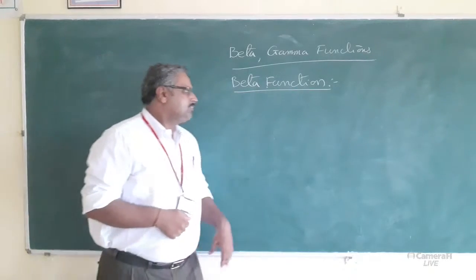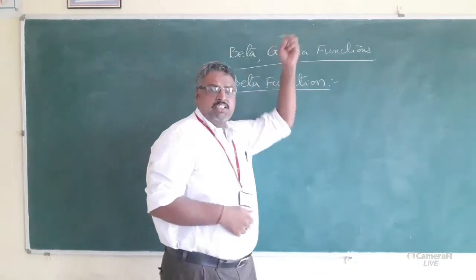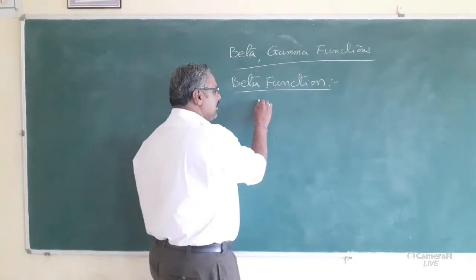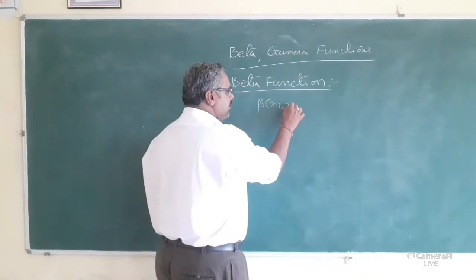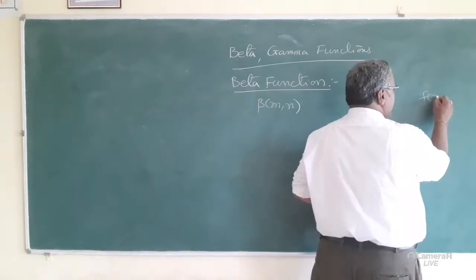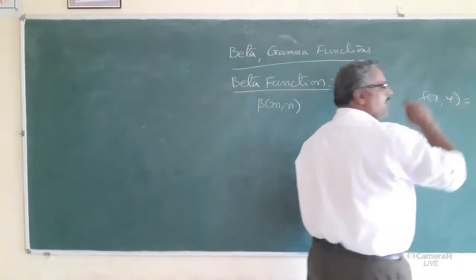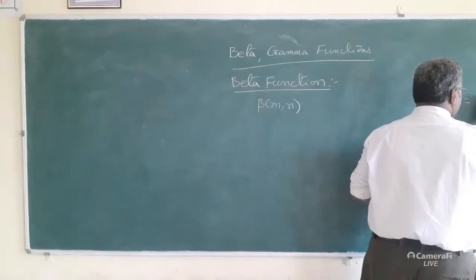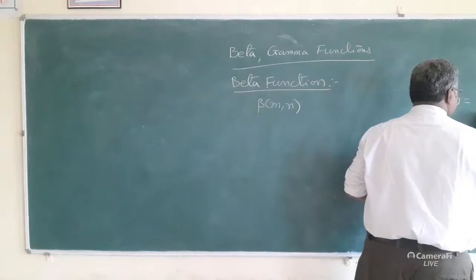Beta function is a function of two variables, like our routine functions. Suppose you take a function f of x, y, it is a function of two variables like x square plus y square by x plus y.